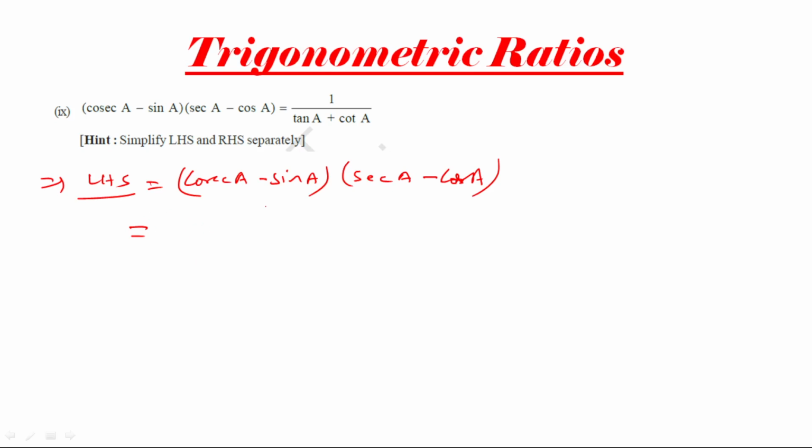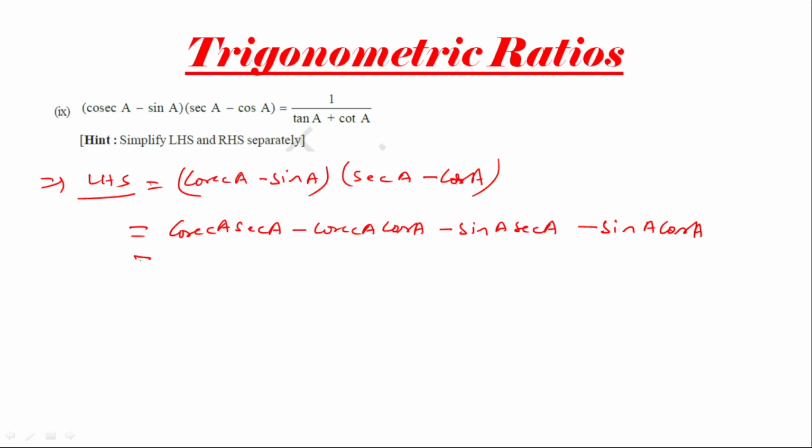So if we are multiplying, let us multiply cosecant A secant A minus cosecant A cos A, then minus sin A secant A plus sin A cos A. Okay, right.